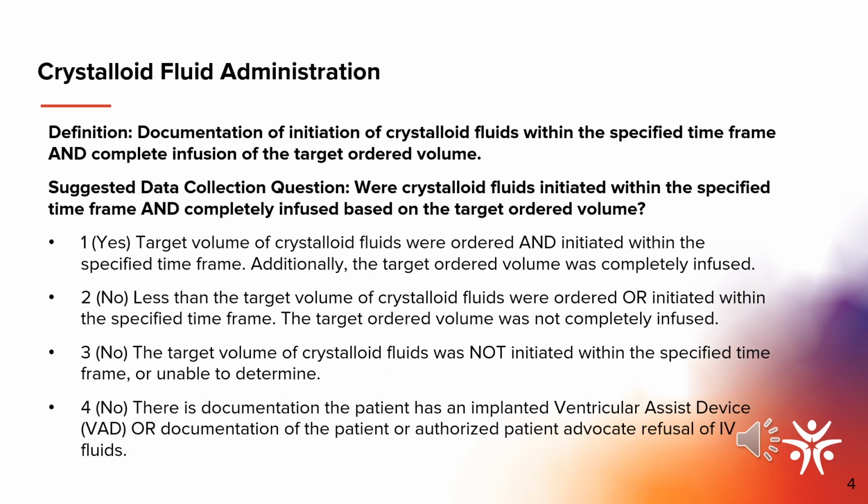Value 3, no. The target volume crystalloid fluids was not initiated within the specified time frame or unable to be determined. Value 4, no. There is documentation that the patient has an implanted ventricular assist device or documentation of the patient or authorized patient advocate refusal of IV fluids.